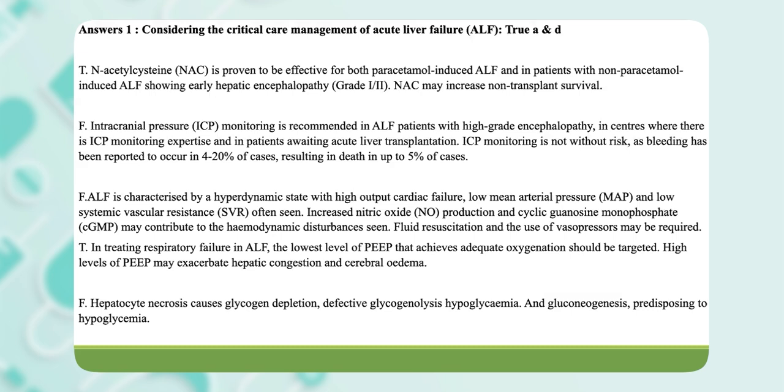Okay. And you have to know the management of acute hepatic failure for acetaminophen poisoning. So what is the antidote for acetaminophen poisoning? N-acetylcysteine. Anybody can tell me how it works?